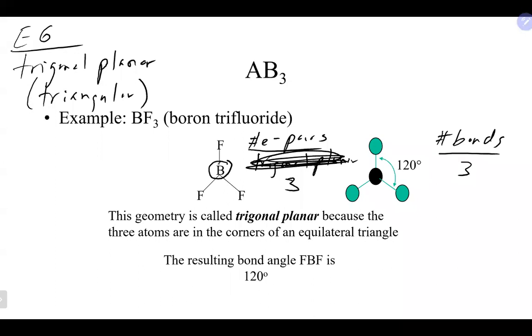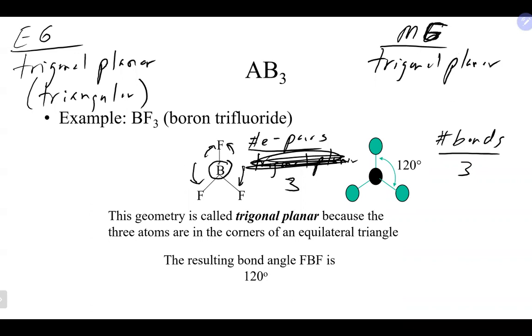So instead of just 2 guys going on opposite ends of each other, they also have to keep a distance from the third guy. So basically these guys come down, this guy goes up, away from each other. And our molecular geometry name is also trigonal planar. It has a bond angle of 120 degrees because frankly, it makes a triangle. It makes a nice little equilateral triangle, which is why I sometimes refer to it as triangular.